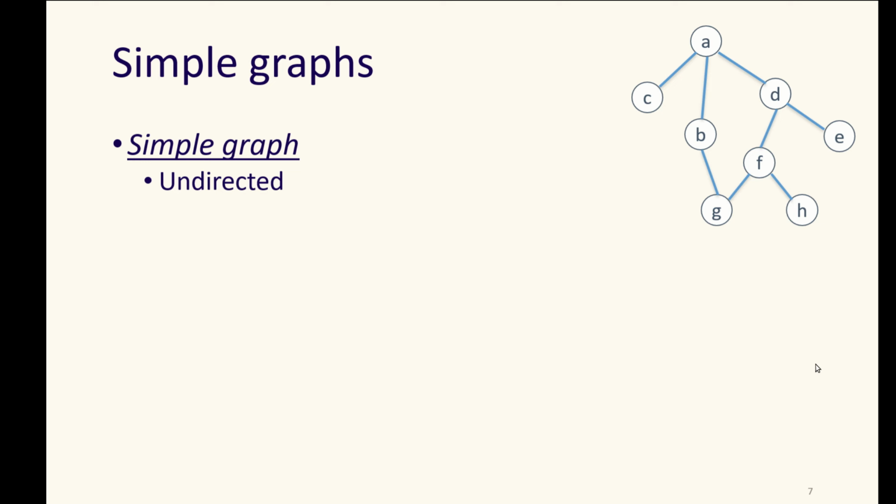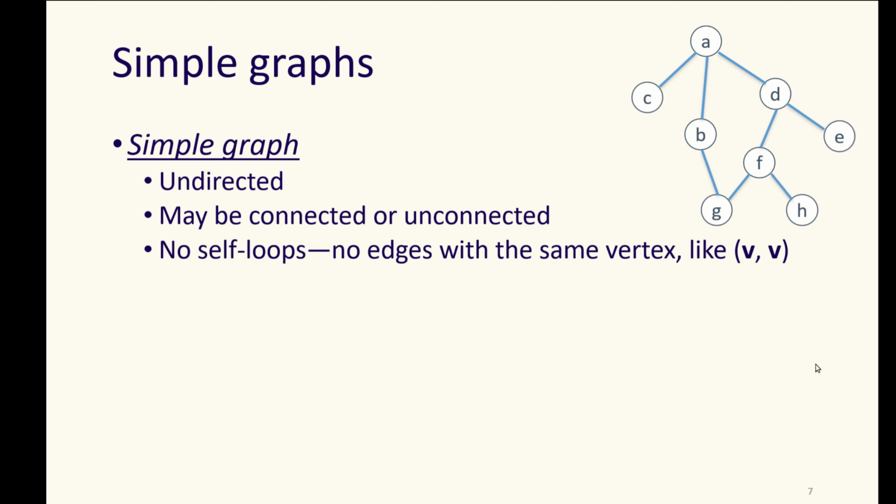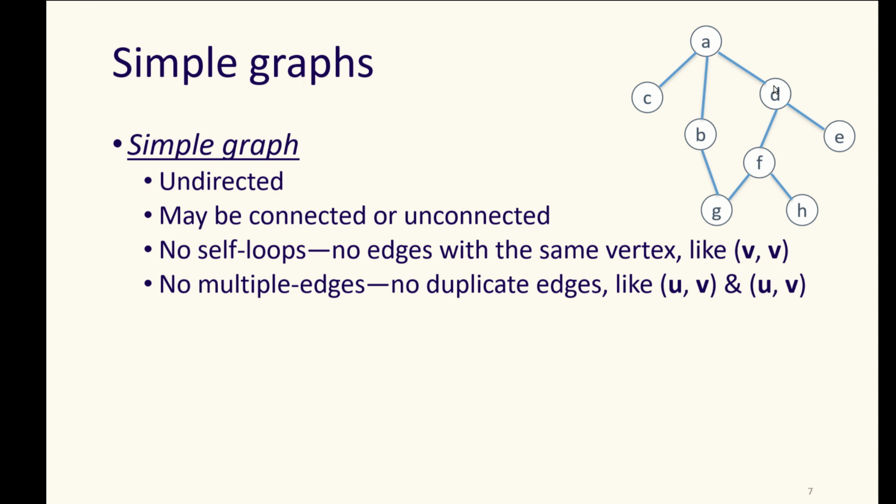A simple graph is undirected, may be connected or unconnected, meaning that there may be some nodes that aren't connected to others. There are no self-loops. That's not cycles. That is edges where the same vertex starts and ends it. So there certainly are some types of graphs in which I could take an action from A that leads me right back to A. But a simple graph doesn't contain those kinds of self-loops in them, and therefore we don't have to try to avoid them.